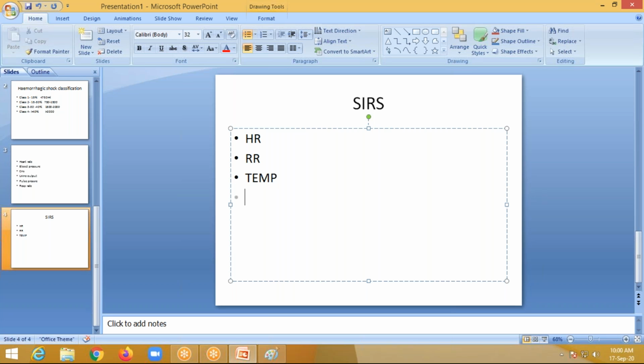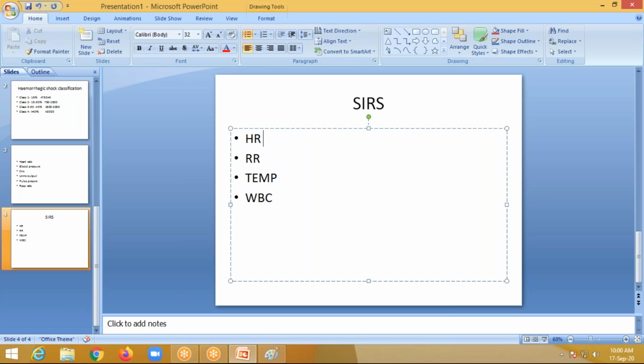Heart rate, respiratory rate, temperature, and WBC.